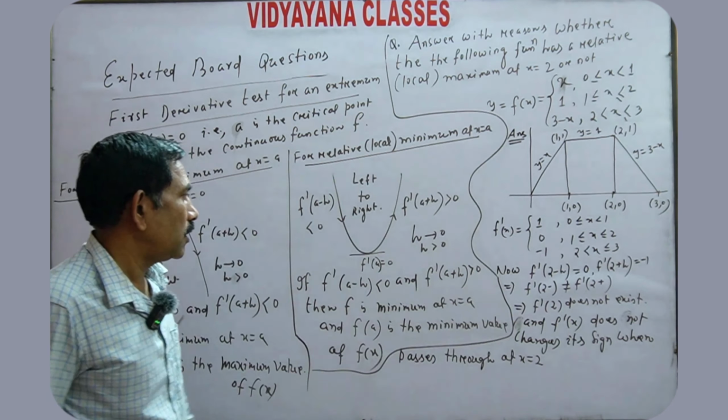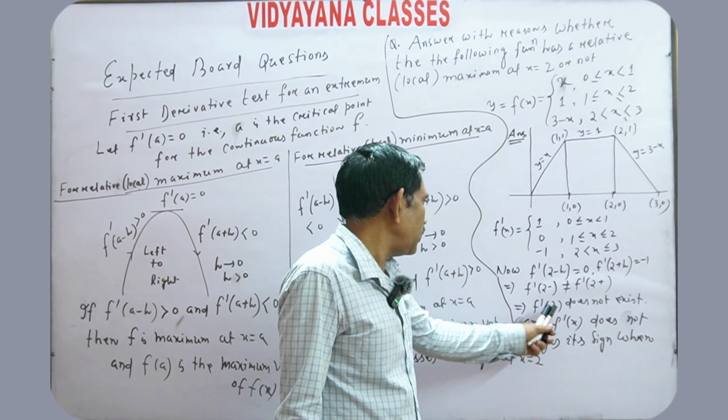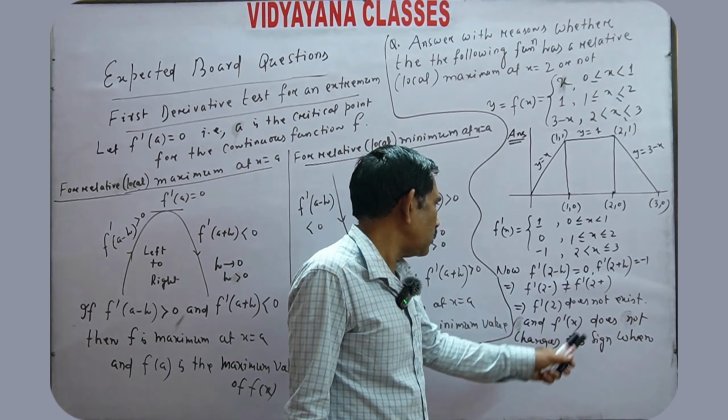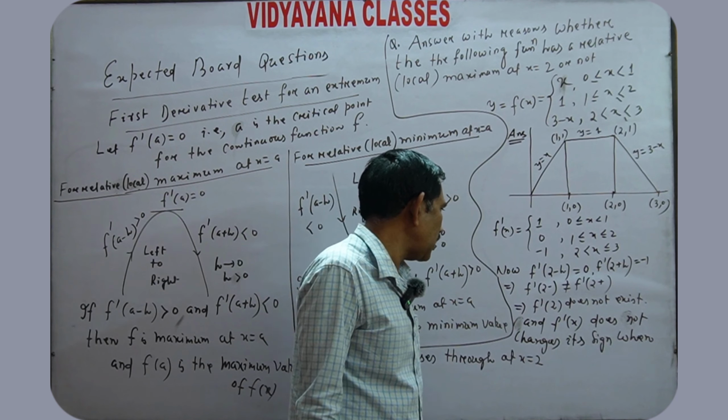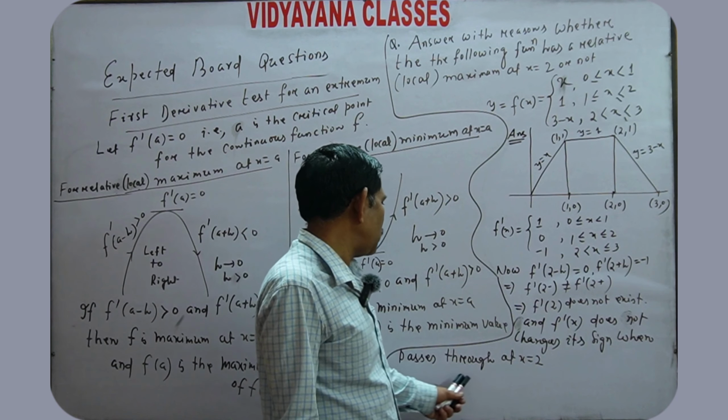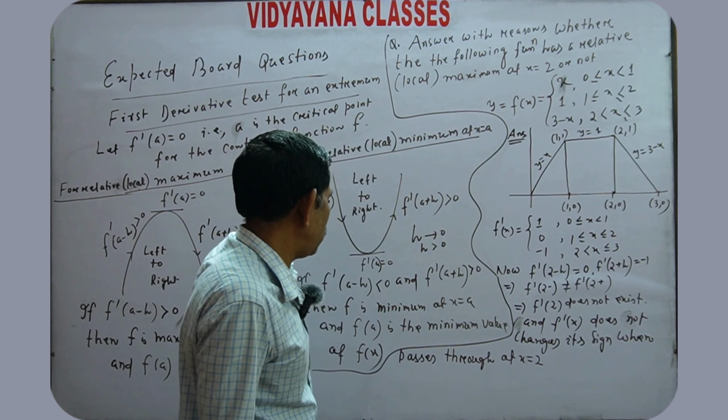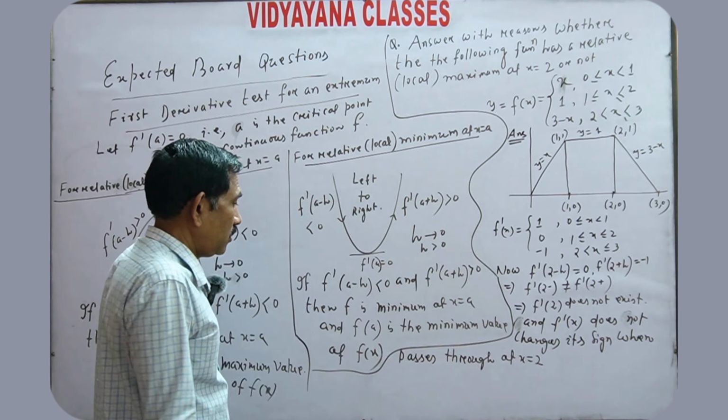Clear? The left derivative is not equal to the right derivative, so f'(2) does not exist, and f'(x) does not change its sign when it passes through x = 2. Clear?